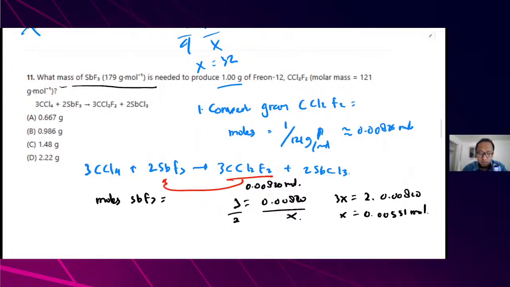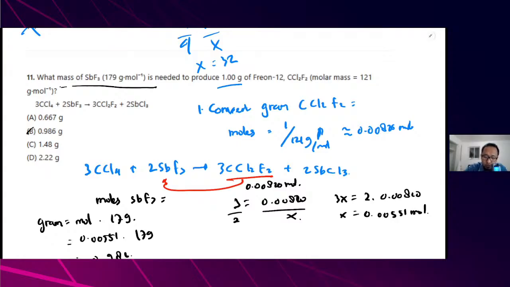In this case we still have the mole unit. We need to convert it into gram. How to get that is very easy: gram is mole times molar mass. So 0.00551 times 179 gives us around 0.986.